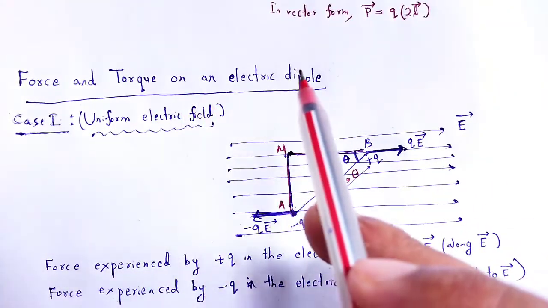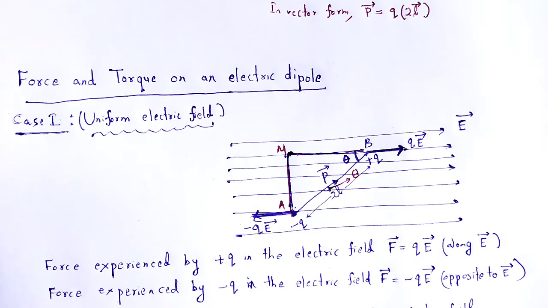This is one case, when the electric field is uniform. But when the electric field is non-uniform, then what happens?